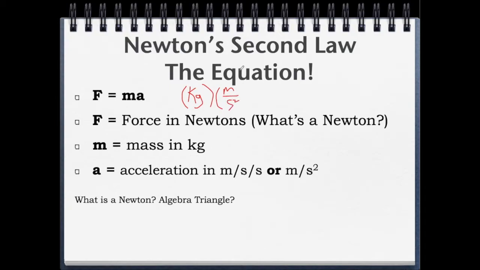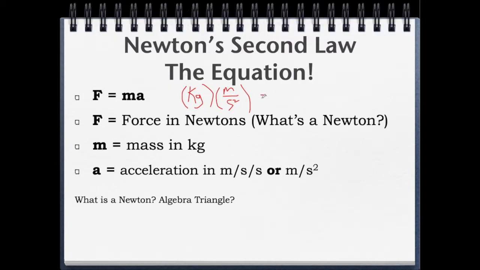So when you multiply mass times acceleration, your units for force would actually be a kilogram meter per second squared. And then scientists back in the day decided that that's a little confusing, a little clunky to write after all of your force problems that it's going to be a kilogram meter per second squared.